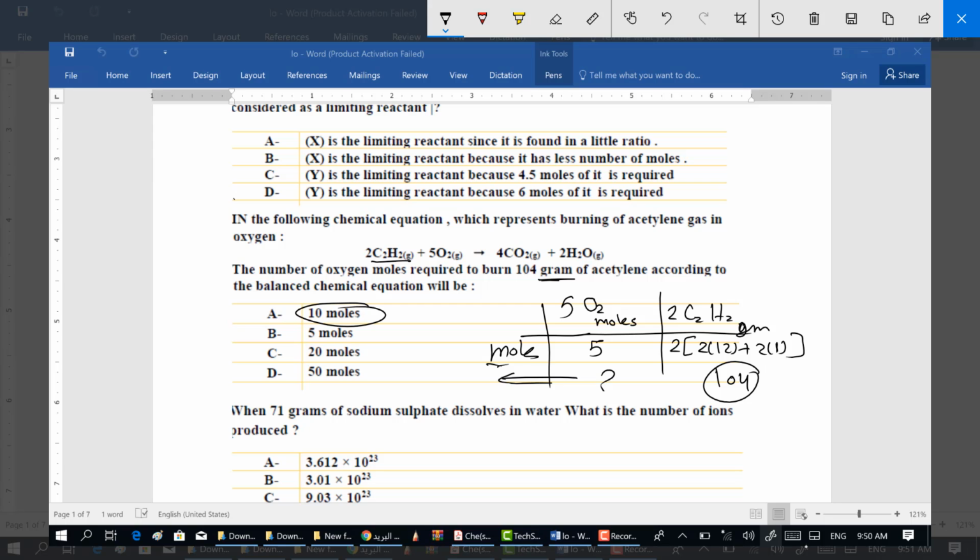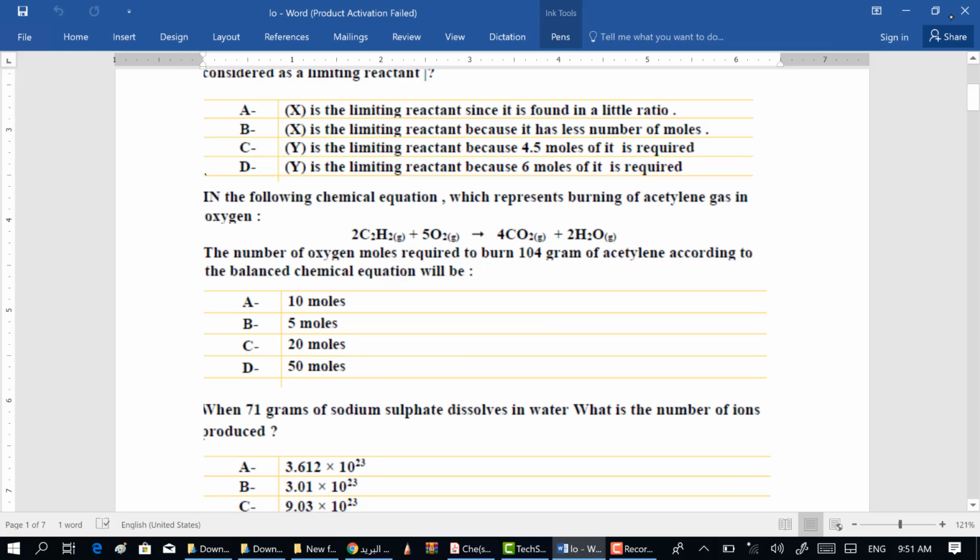According to this, firstly we read the number of oxygen moles, so we choose oxygen by moles, and 104 gram of acetylene, so we deal with it in grams. Right. Return to another question.